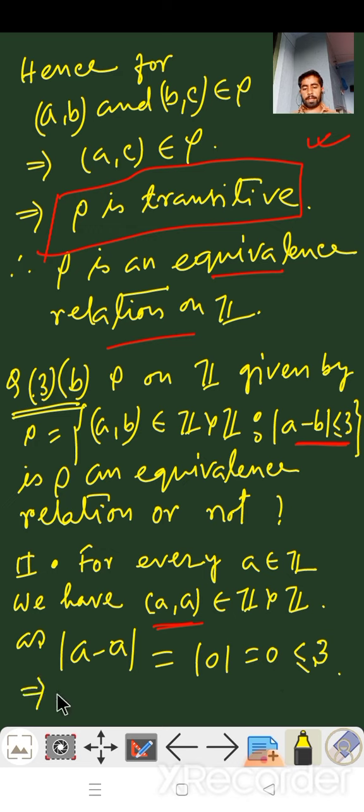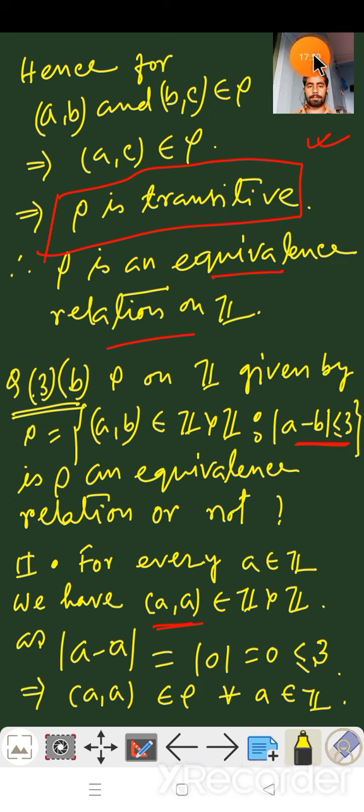This implies that (a, a) belongs to rho for all a belonging to Z, which implies that rho is reflexive.